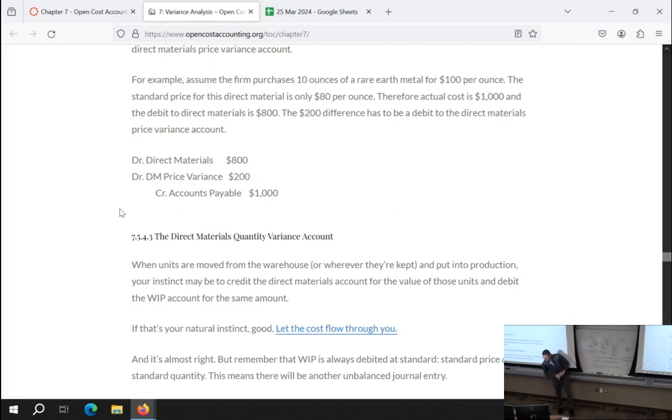So those 10 ounces of rare earth metal that we purchased in this example are being valued either at actual amount, we paid $1,000 for them, that's the payable, you got to record the payable at what you actually owe, or at a $200 variance, because that $1,000 is $200 more than we expected given our standard price. And then, at the standard price, that actual quantity of 10 ounces would be worth $800. So our direct material is at quasi budget, so that WIP is at full standard.